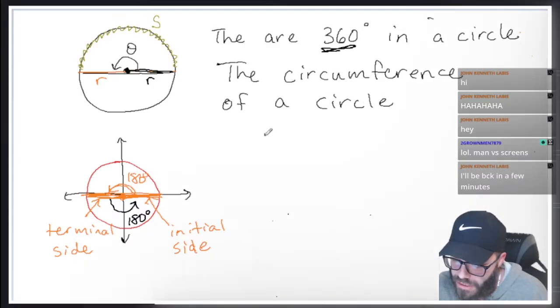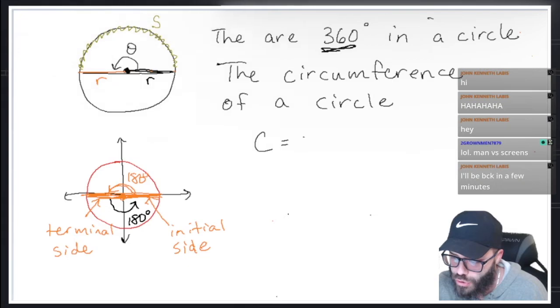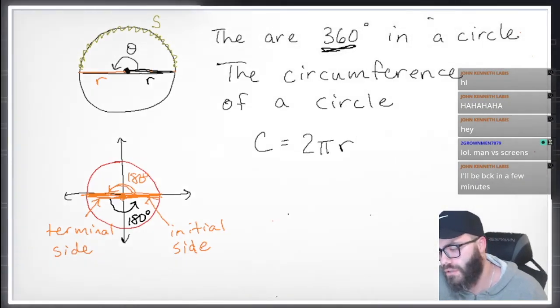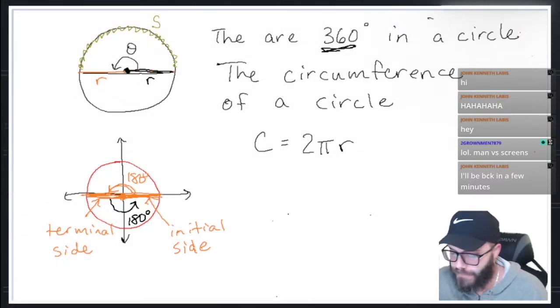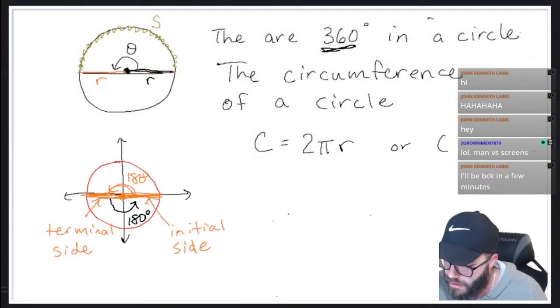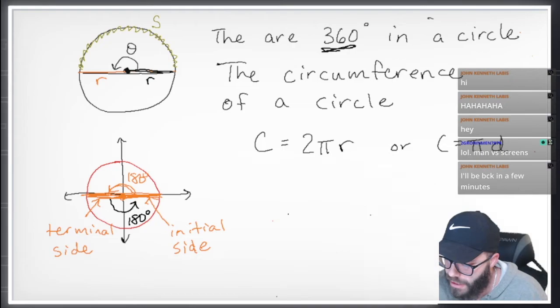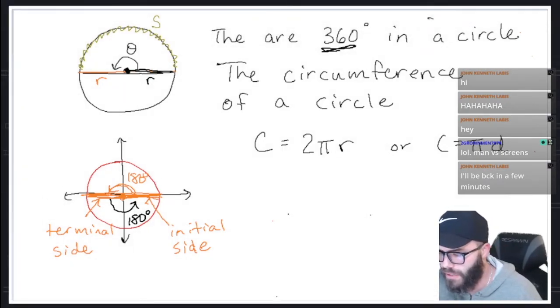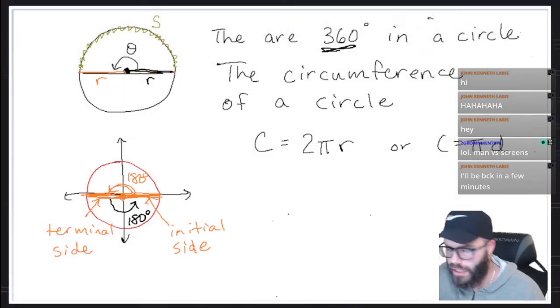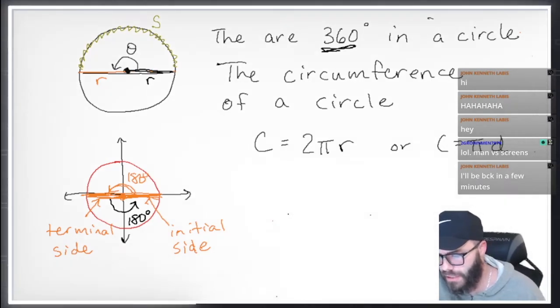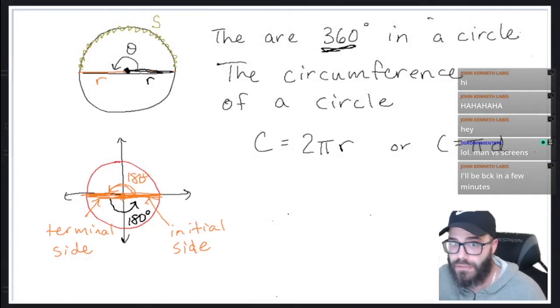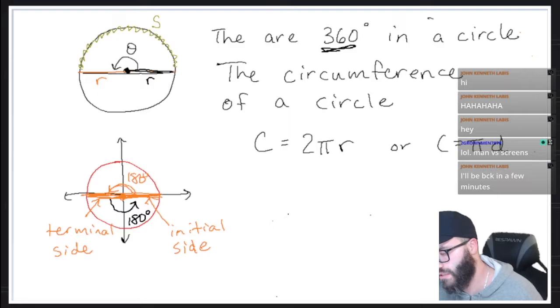Circumference is equal to 2 pi r or pi d, depending on how you're taught, d being the diameter. So 2r and d are equivalent. Radius is r, d is diameter. So 2 radii equals the diameter.